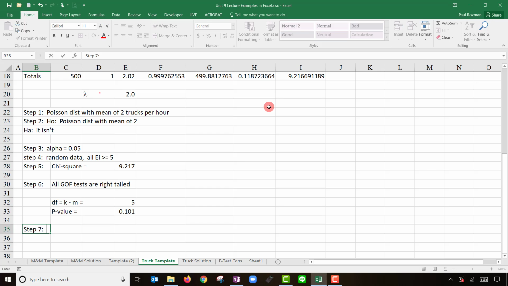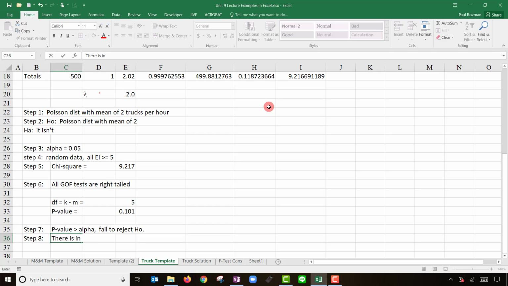Step 7. P-value is greater than alpha, so we fail to reject the null hypothesis. What does that mean? In this case, the null hypothesis was the claim. They were claiming it is a Poisson distribution, so we're not rejecting that.